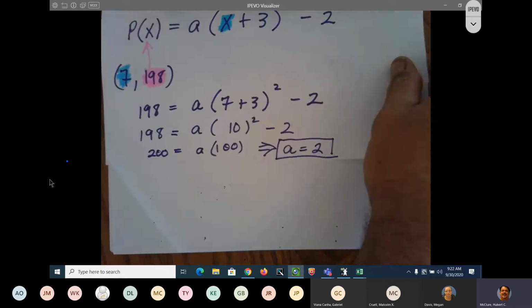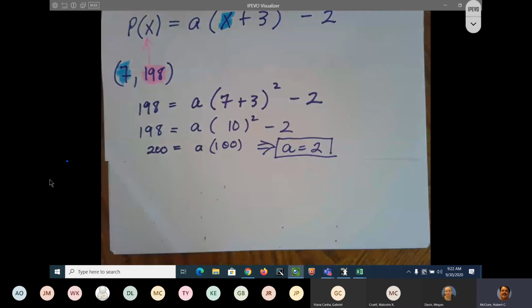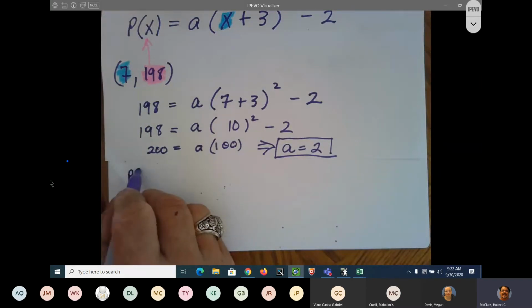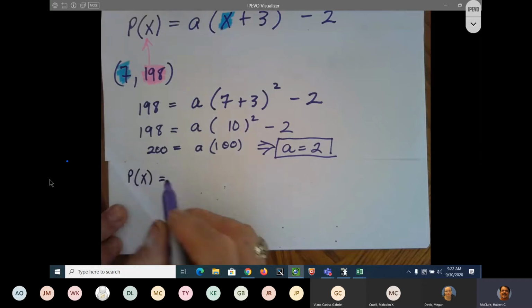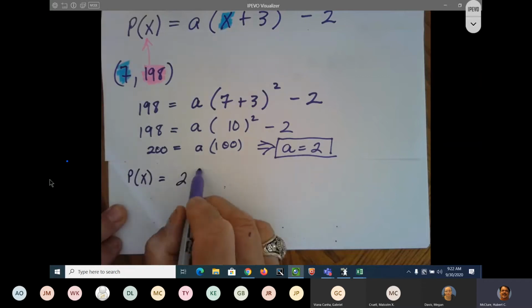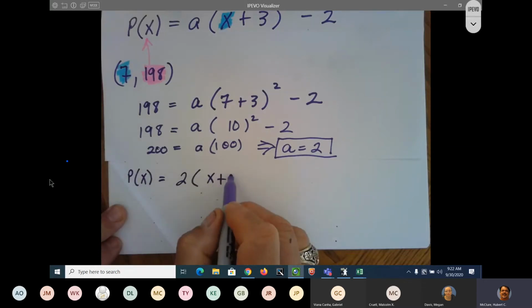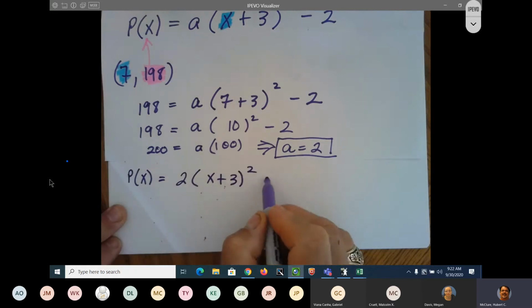The things I do for y'all, y'all should be grateful. There we go. So now I'm going to plug that 2 in, and I'm going to get P of X is equal to 2 times (X plus 3) quantity squared minus 2.